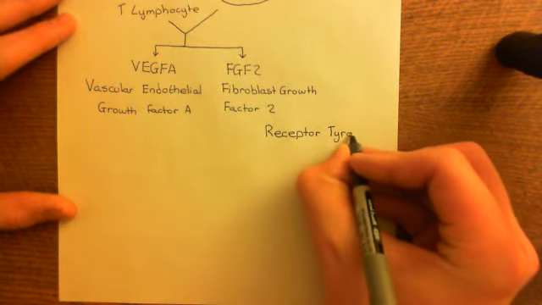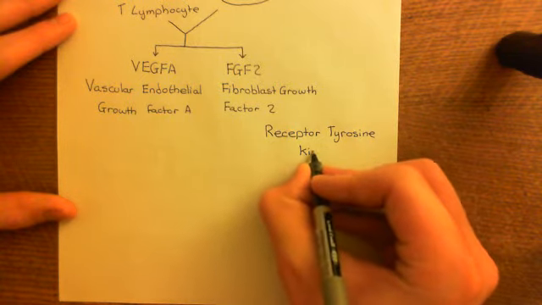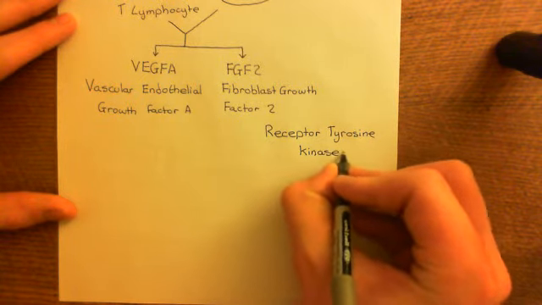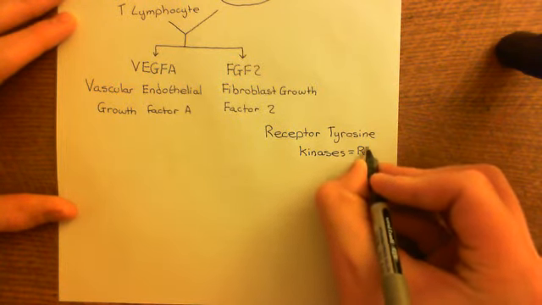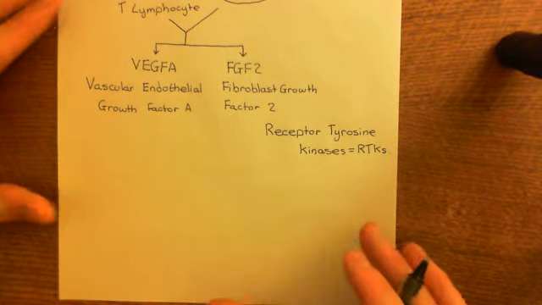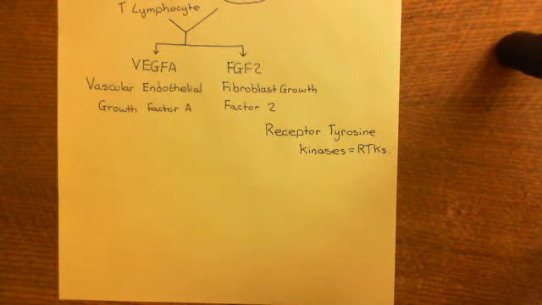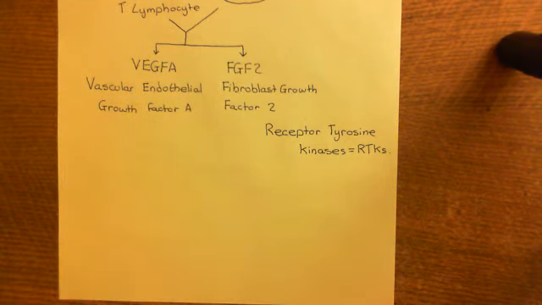Receptor tyrosine kinases are often abbreviated to RTKs for short, so you'll see that abbreviation a lot. Right, so let's now have a look at the structure of the receptors for vascular endothelial growth factor A and fibroblast growth factor 2.